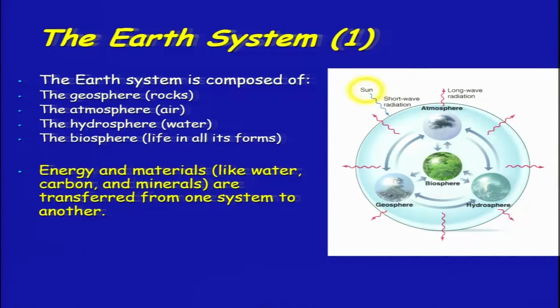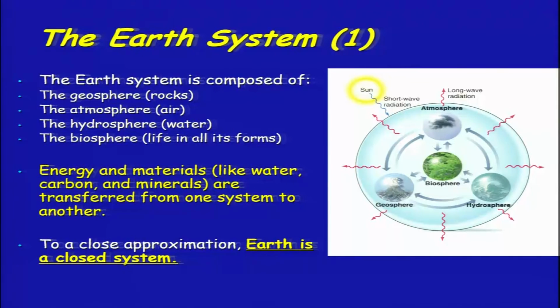So energy and material like water, carbon and minerals, small minerals in sediments derived from rocks, are transferred from one system to another. Hence, it is considered an open system. So, to a close approximation, Earth is a closed system, but not a complete closed system.